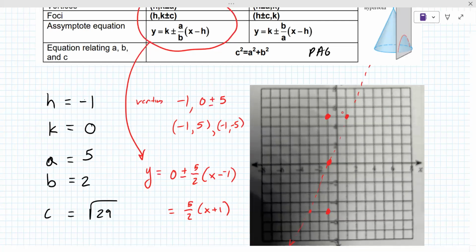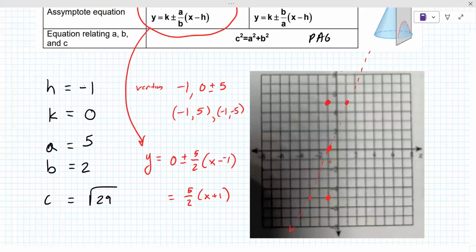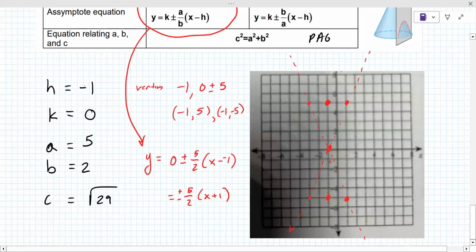And then by symmetry, you go the other direction. So you basically mirror it going the other way, in the opposite direction down. That right there, and then you build this other asymptote equation, that's the -5 over 2. So one's positive, one's negative.